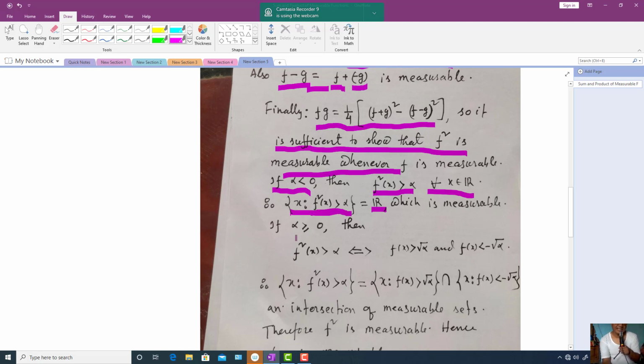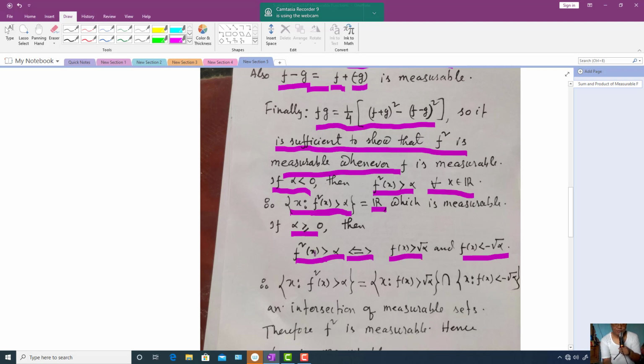Now let us take the remaining case when alpha is greater than or equal to 0. When alpha is greater than or equal to 0, what do you get? f square x is greater than alpha means this statement is implied by what? f of x is strictly greater than root alpha, or f of x is strictly less than minus root alpha. This statement can be broken up into two statements, this one and this one.